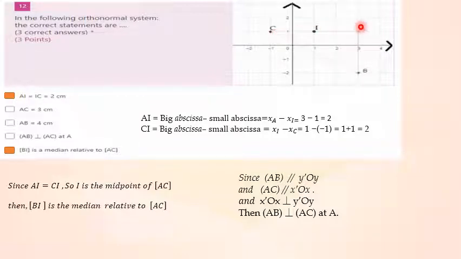So the line formed by A and C, AC, is parallel to x prime x axis. And since y prime y perpendicular to x prime x, and here AC parallel to x-axis and AB parallel to y-axis, and these axes are perpendicular to each other, then yes, AB perpendicular to AC at A. And this statement here is correct.